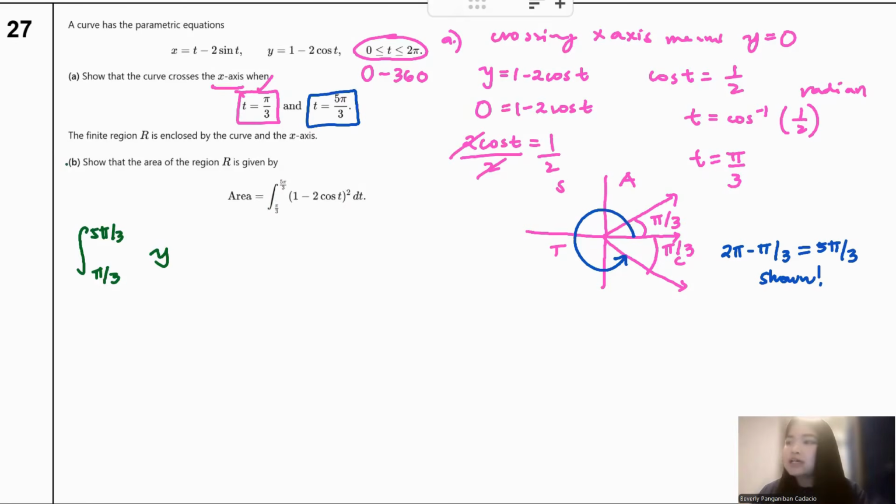The area is the integral of y dx over dt, times dt. We are doing this formula. We explained this before, but I'm not going to explain the origin of this one. You can take a look at our lectures, but this one is for us to get the real value of the area with that y equation.